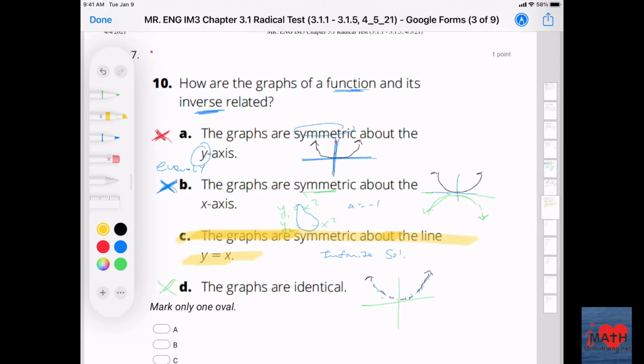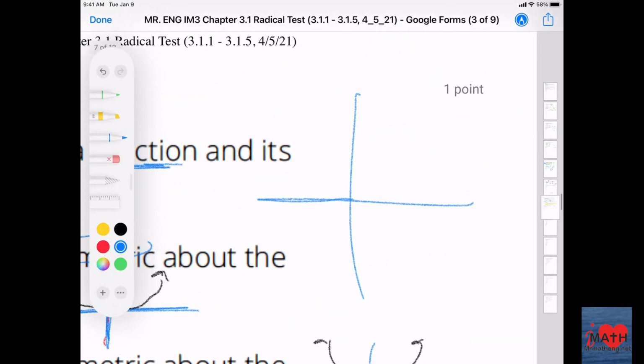How are graphs of its function and the inverse related? Remember, if we did the graph previously, and then we had, remember, x squared, and then we said, well, just the positive values, so this bolded one here, and then we said, well, if you do all the tricks to it, let's do the trick. So the trick graphically is rotating it 90 degrees counterclockwise, which is to the left.